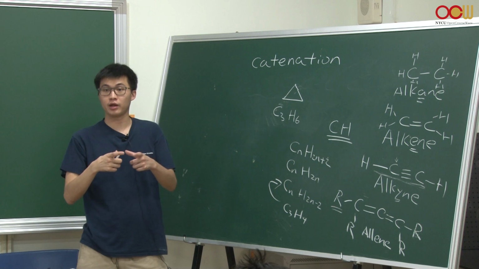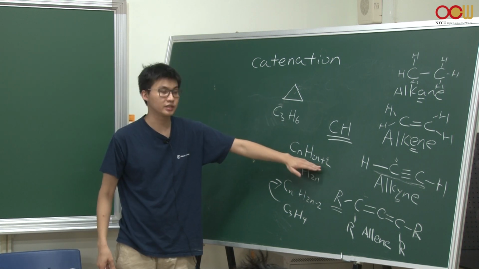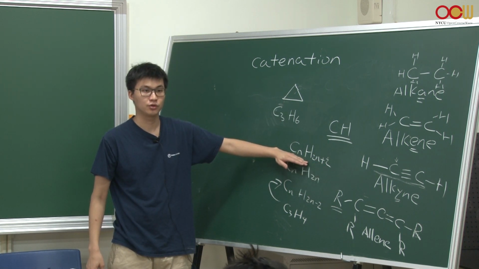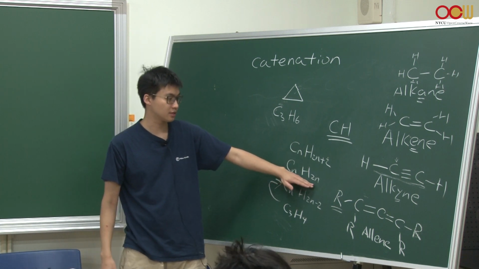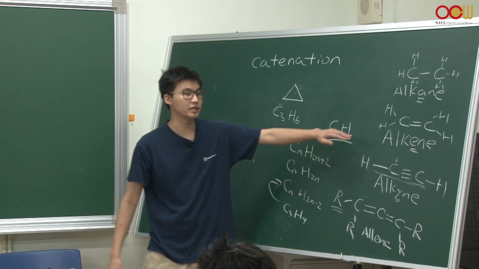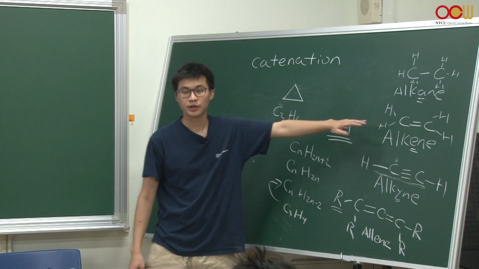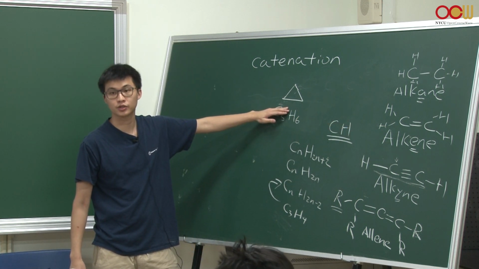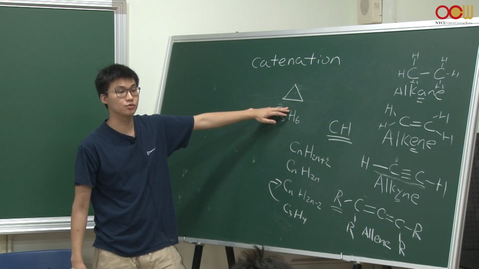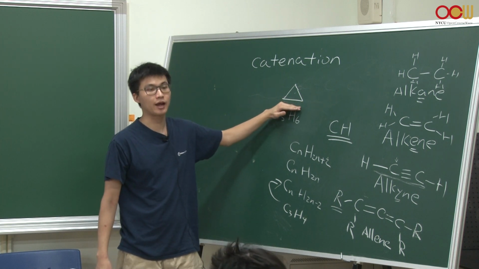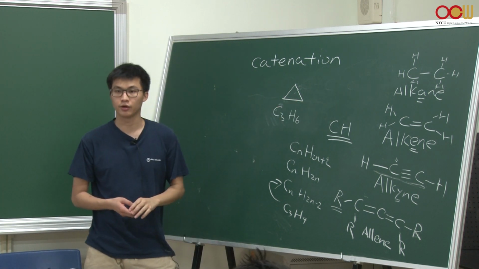When you have a ring, it can also cause your C to H ratio to change. So when you see this ratio, it doesn't necessarily mean 1 degree of unsaturation. It can also adopt a cyclic structure. And in some cases, you can have multiple cyclic rings on the same molecule.